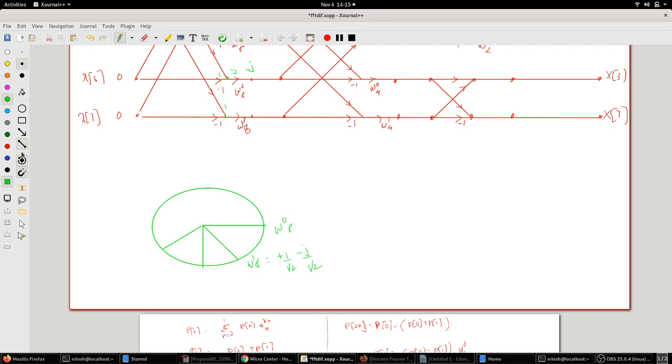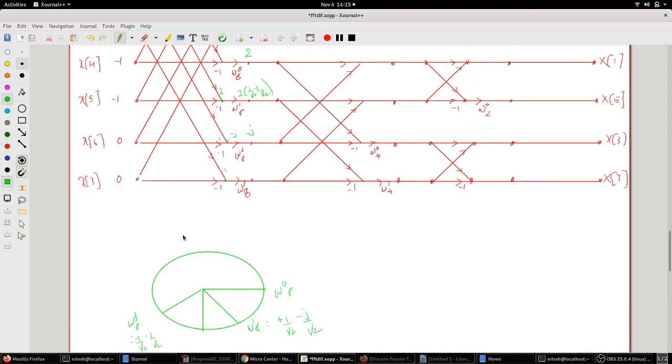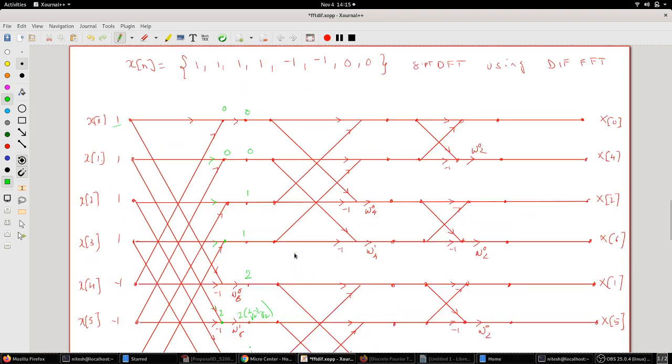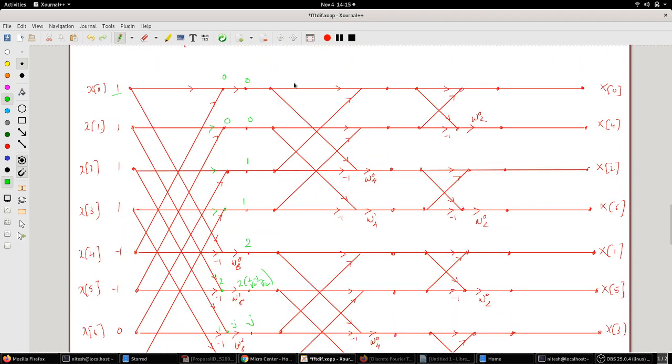So w3 of 8 is minus 1 by root 2 minus j by root 2. It's in the second quadrant, right? So this will be 1 into minus 1 by root 2 minus j by root 2. This is the value that you will get. So all these values are settled now. Now we will move to the next stage, where you will be multiplying this 0 plus 1 will be a 1. So this will be a 1 here.